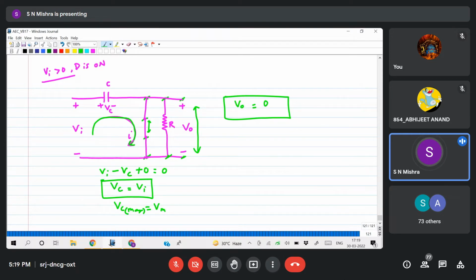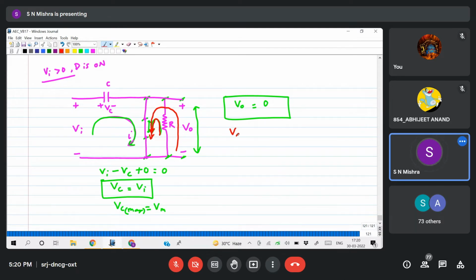Those who are confused about the output voltage being 0 can also put KVL across this loop. If I put KVL like this, moving from here to here gives V naught, and across this short circuit it is 0.